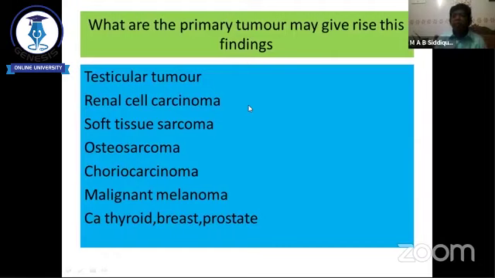So in an OSPE, the question may be like that: mention three primary tumors that metastasize to the lung. You mention two, three or five of these.